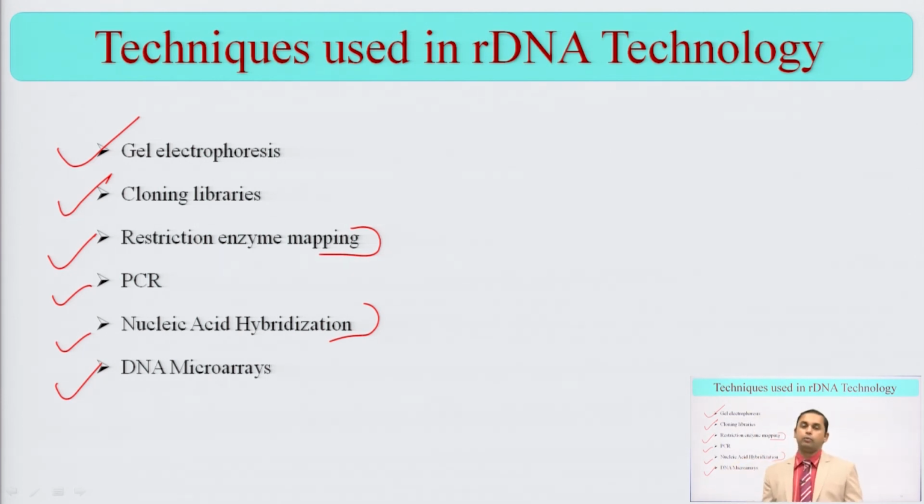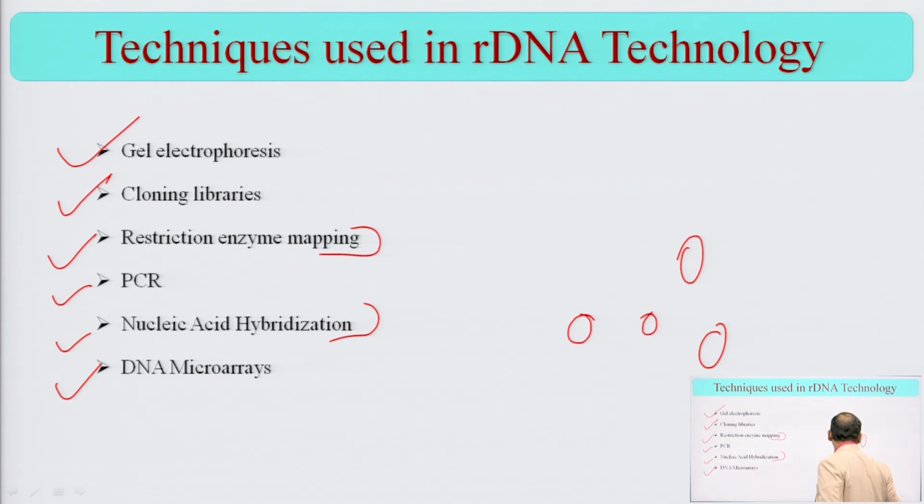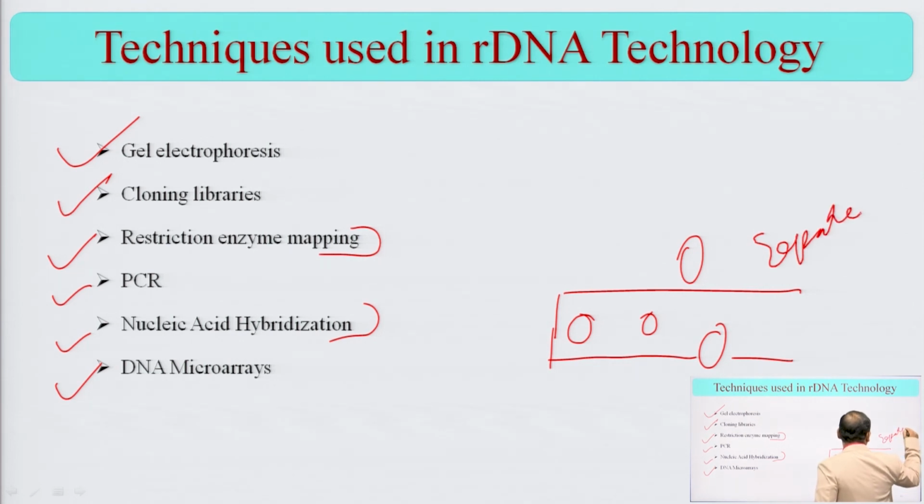For example, in gel electrophoresis, you have various kinds of protein and you can see their sizes are different. You want to separate these proteins. See, these are falling at one size, and these are falling at another size. So you can separate proteins by using gel electrophoresis.